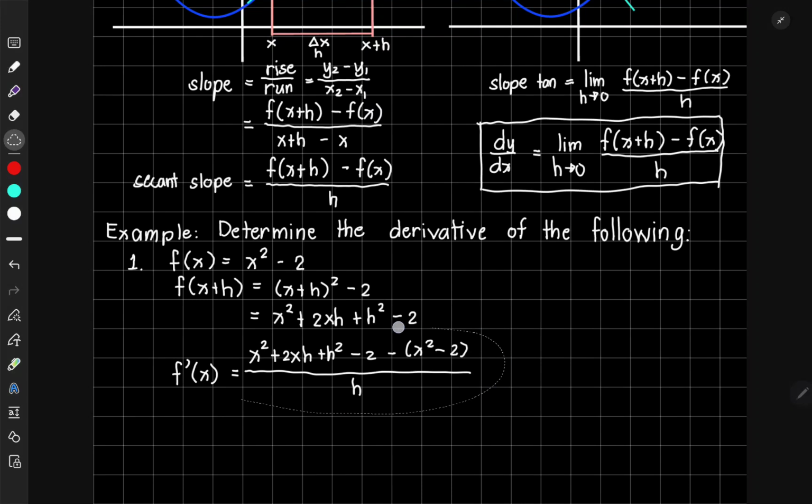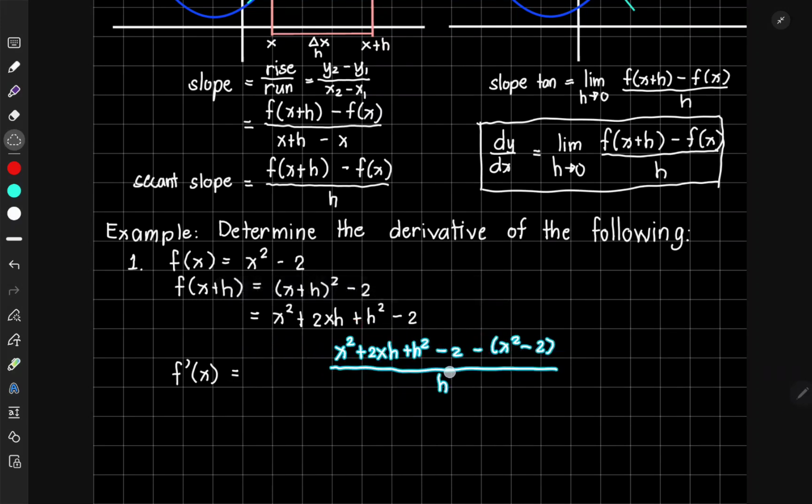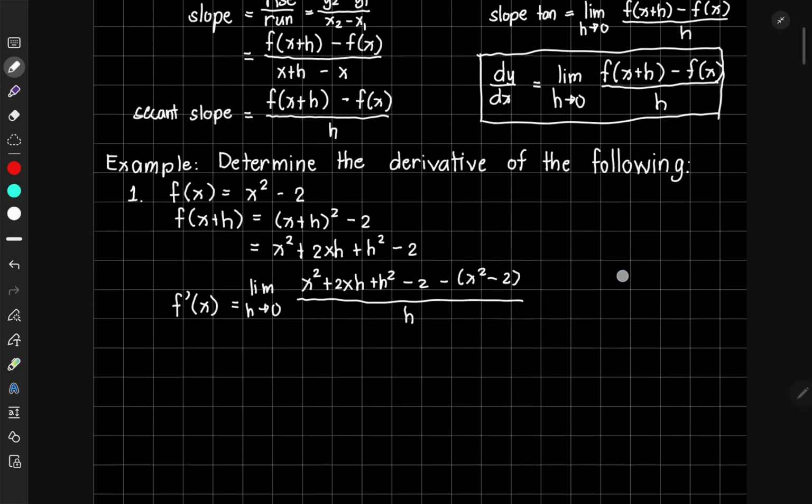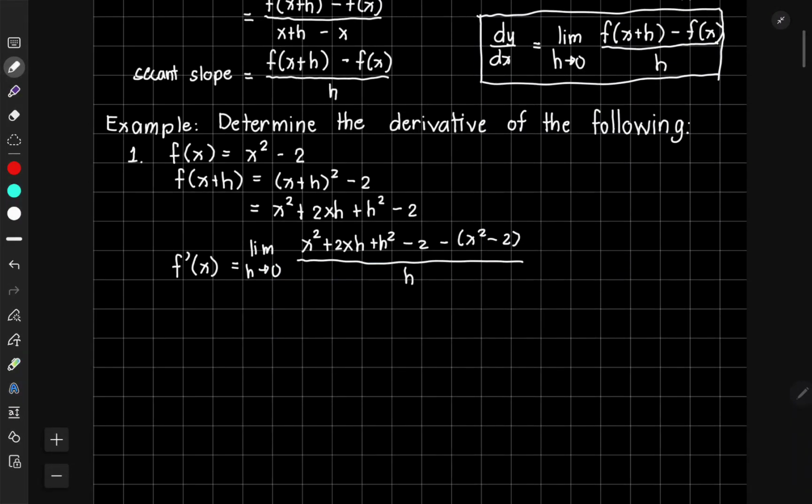So, limit of this function. So, we have limit of this one as h approaches 0. So, we have to simplify first, kasi pag kukunin na natin yung limit dito, magiging indeterminate siya, kasi 0 yung magiging result dito.